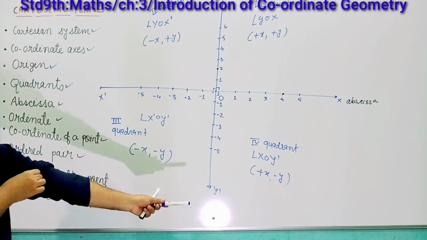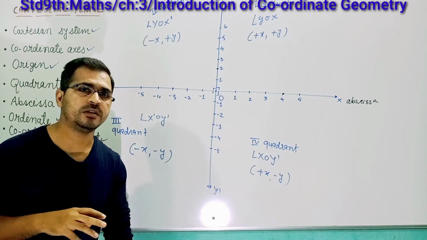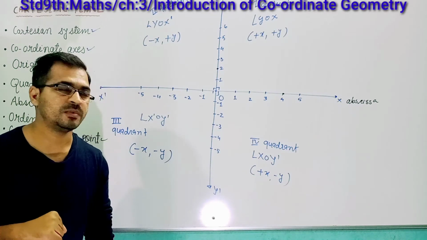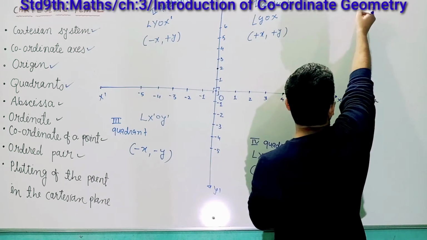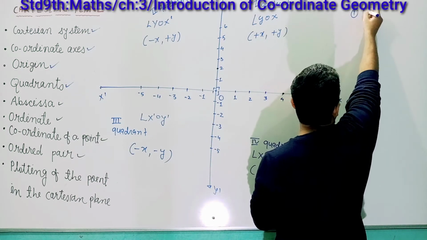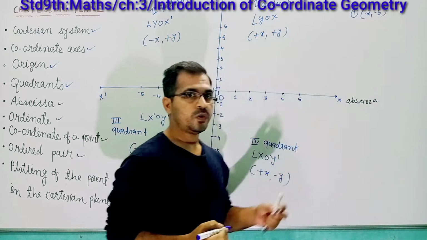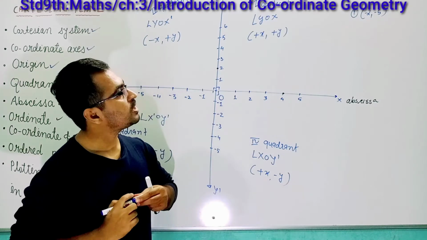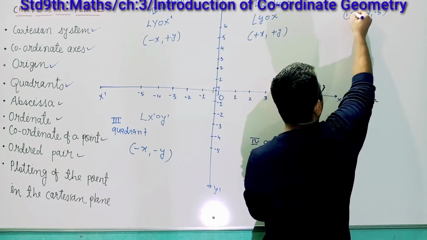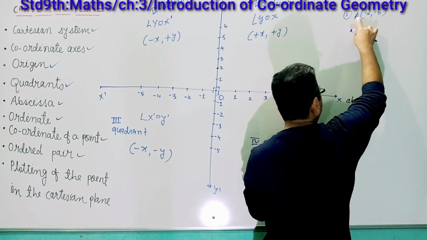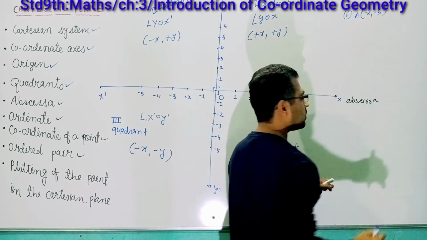Now we will learn how to know the position of a point in coordinate system. So first of all, let us see a few examples over here. Suppose I am taking -2 and -5. You will have to say the position of this point. Suppose this is a point A, the coordinate of A is -2 and -5.